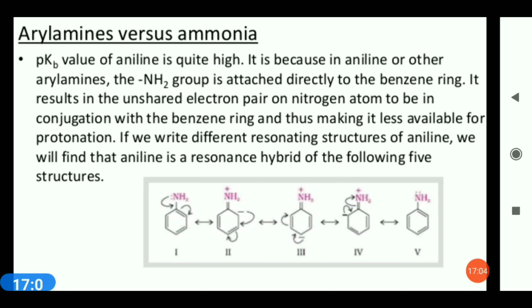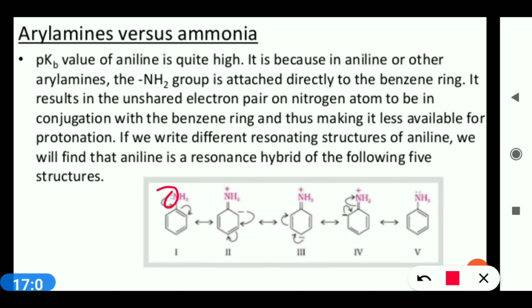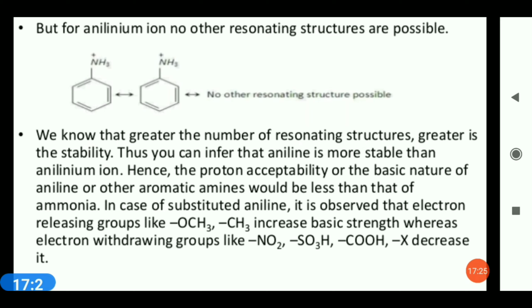It means the lone pair of electrons gets busy here in the delocalization process. So if you can see the different resonating structures of aniline, aniline is a resonance hybrid of the following 5 structures. So the reactivity will be less.